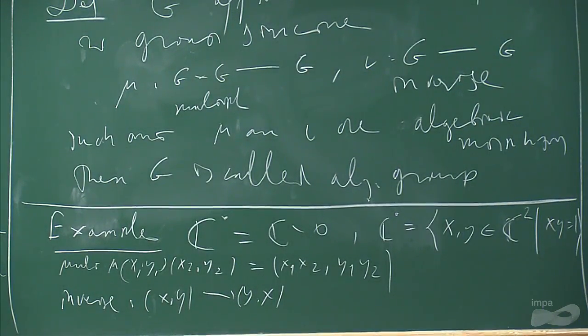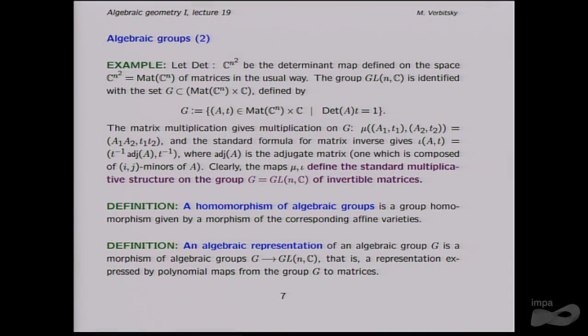Let's do another example, which I will need to define representations. This is just the group of matrices. In fact, it's not hard to prove that all algebraic groups are subgroups of matrices given by polynomial equations.